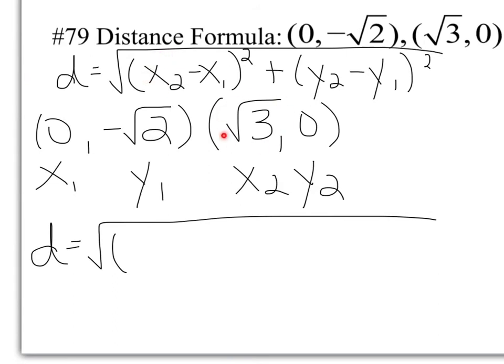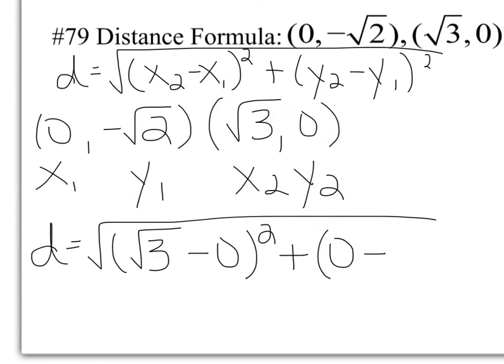And where is x2? x2 is right here. So the first thing I want is the square root of 3. Minus x1, right? So here's x1 is 0. Squared plus, next I want y2. My y2 is right here, that's 0. Minus, then I want y1. My y1 is right here, that's negative square root of 2 squared.